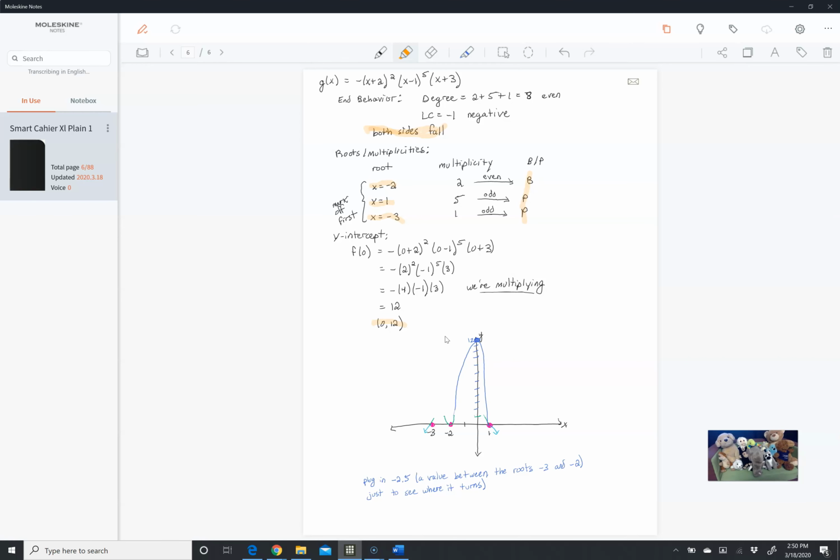So if we plug in -2.5, -2.5 minus 1 is actually very large. So if we do -2.5 minus 1, we get -3.5 to the 5th. It's actually a really large number. So we get a large number.